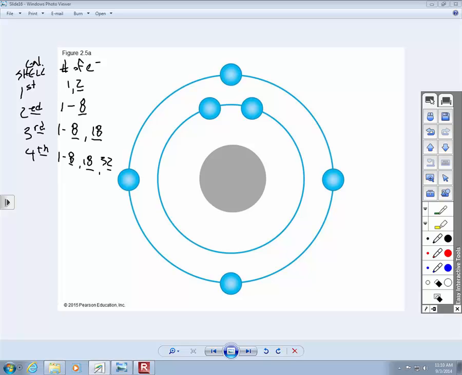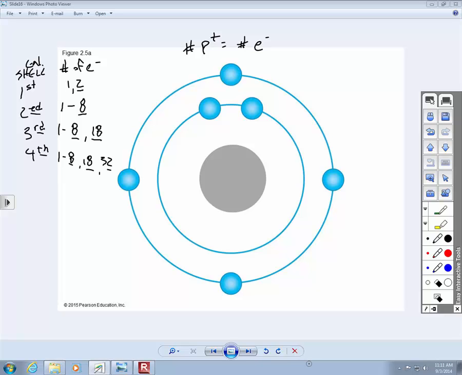Now keep in mind, and we said this before, the number of protons will equal the number of electrons on the chart. That doesn't mean it's always going to be that in nature. You can remove electrons, you can gain electrons, you can share electrons, but on the chart itself, the number of electrons is always equal to the number of protons.